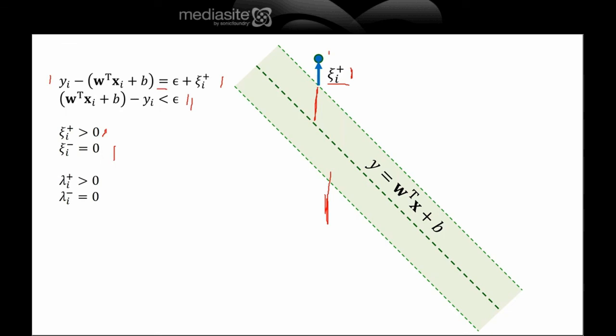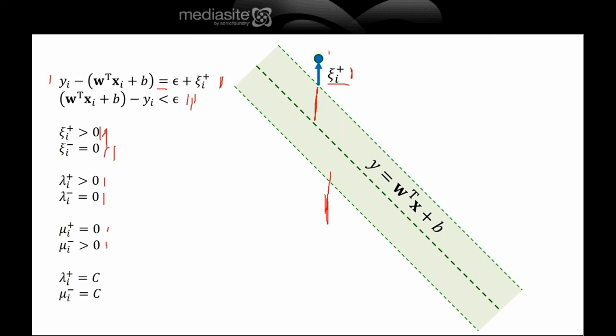Since this is an active constraint, lambda I plus is greater than 0. Since the second constraint is inactive, lambda I minus is equal to 0. And we can guess what mu I plus and mu I minus will be. Mu I plus, because this is inactive, is 0. Because the fourth constraint here is active, mu I minus is greater than 0.